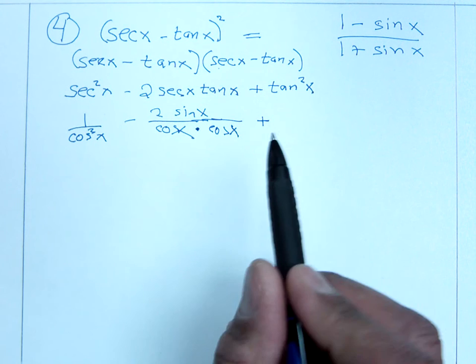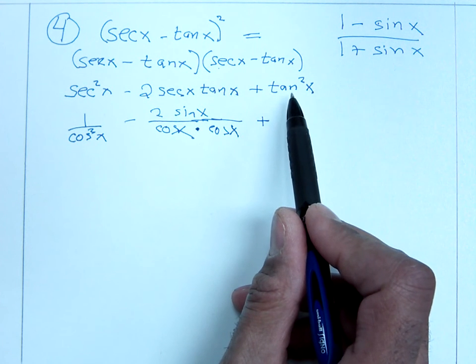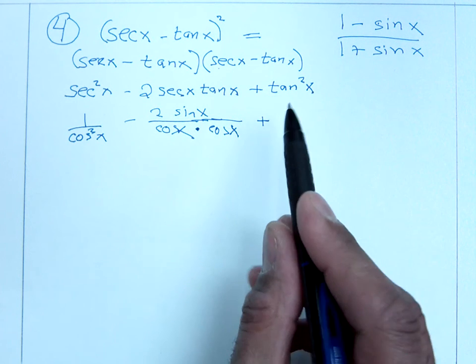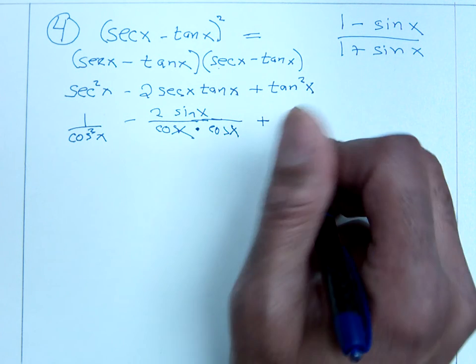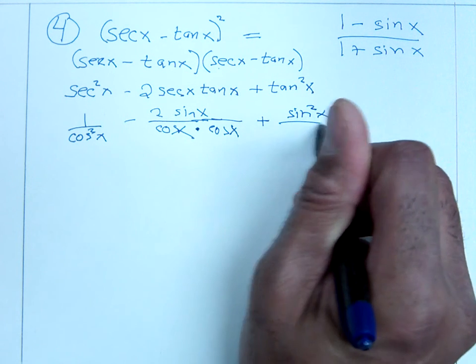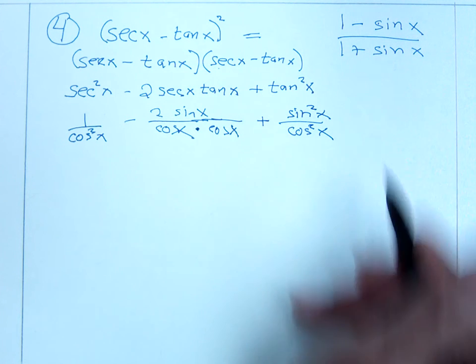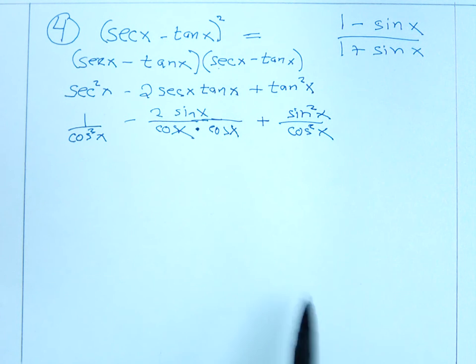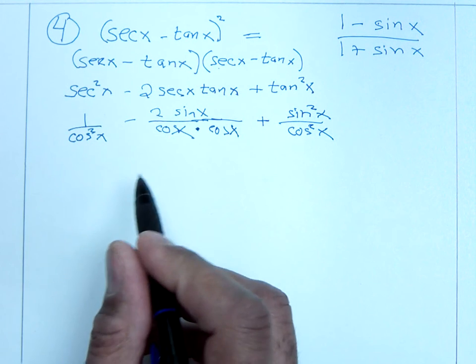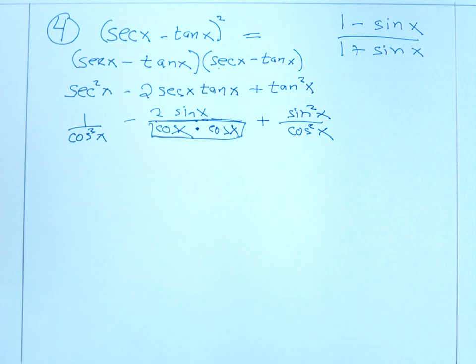What quotient identity does tangent have? Sine over cosine. So tangent squared would be sine squared over cosine squared. All of these come from where? From your identities. Yeah? What's another way to say or write cosine times cosine? Of course, I'm going to write that here.